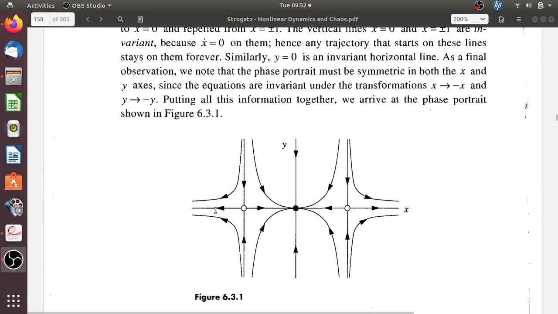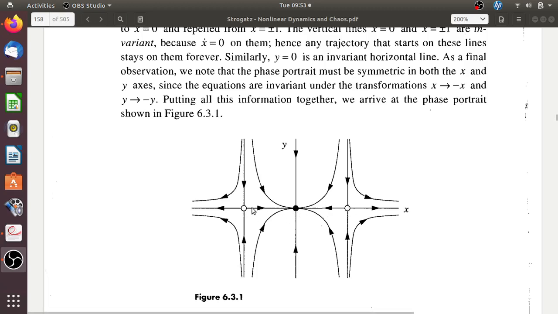I am just referring to y equal to 0, which is this line. On that line, the phase portrait is going to be in the following manner. Along this line it will act like an unstable fixed point, this will act like a stable fixed point, and this again an unstable fixed point.